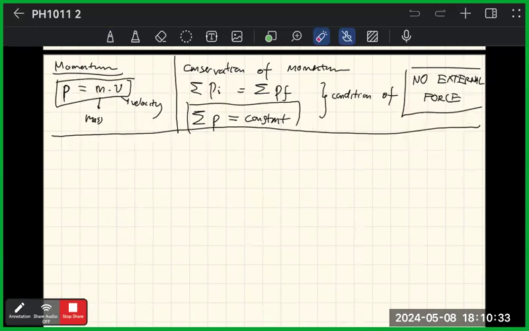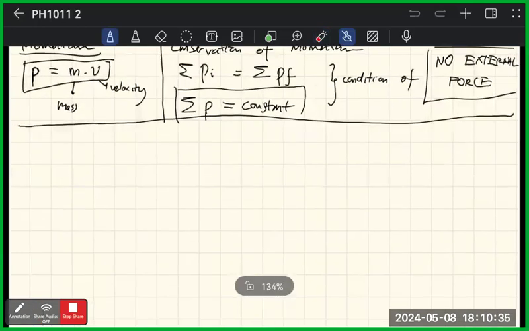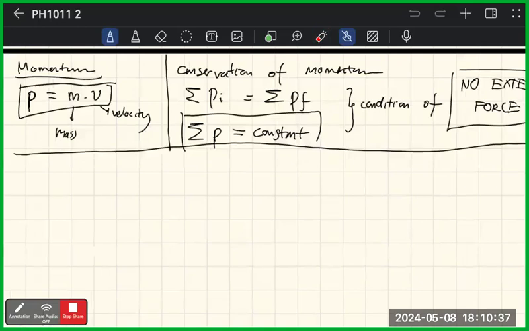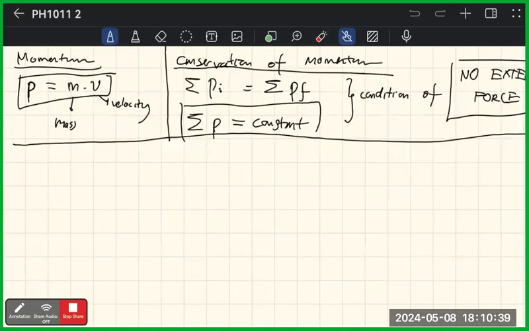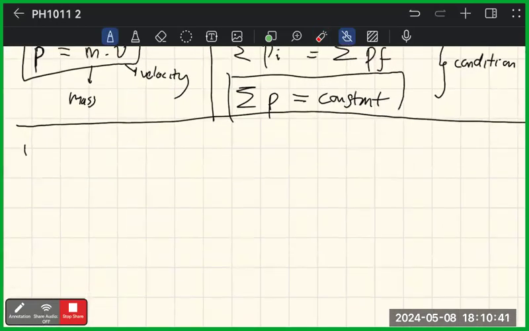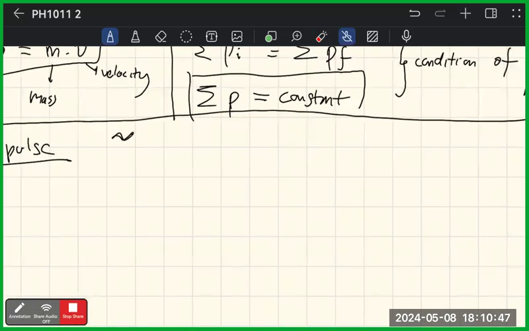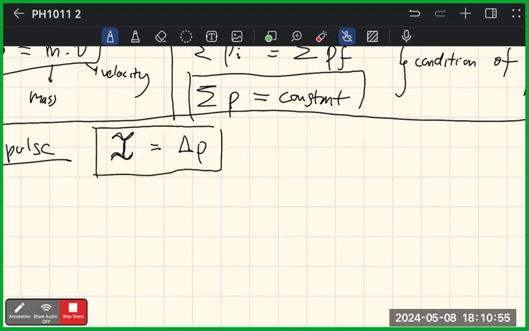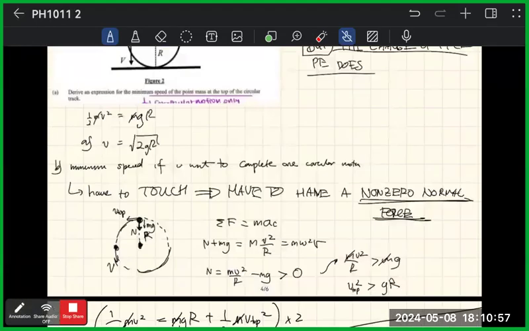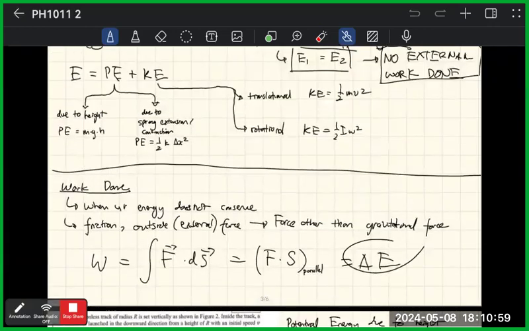As I said, if the momentum is not conserved, you have an impulse. So the impulse, I, equals the change of momentum, same as the work equals the change of energy.